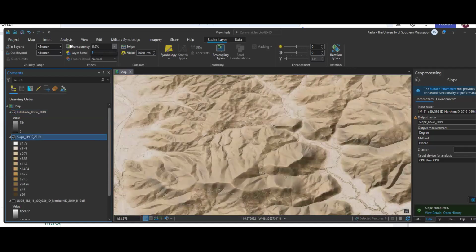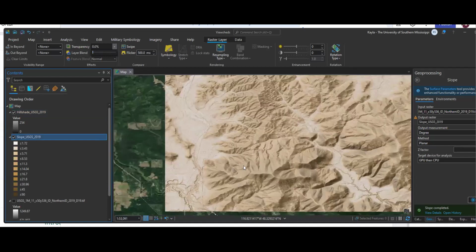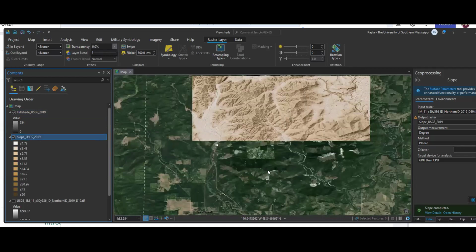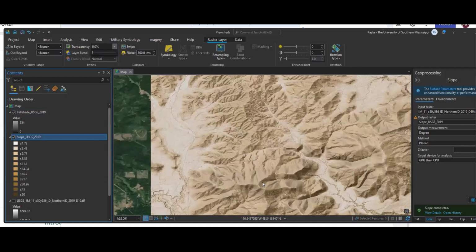So layering these lets you get a better feel for what is showing up in different areas, so that you can almost get a feel for what it looks like on the ground, right? So you can see that you've got these dark areas which have the high slope attached to them, so it really pops out what that might look like actually on the ground.